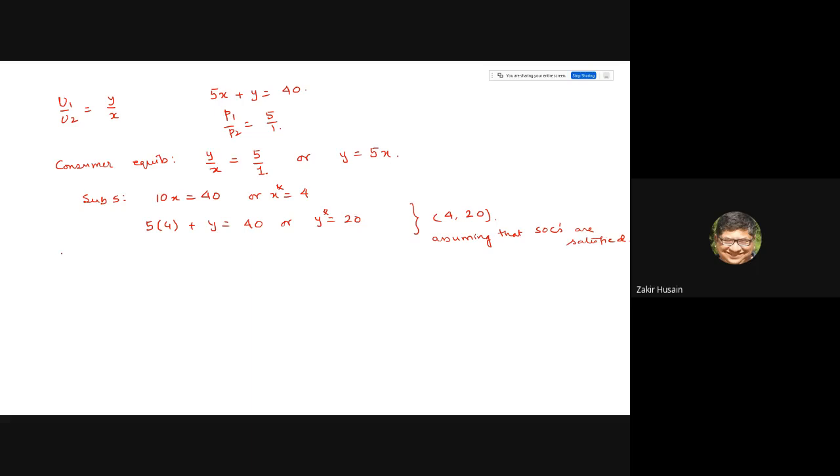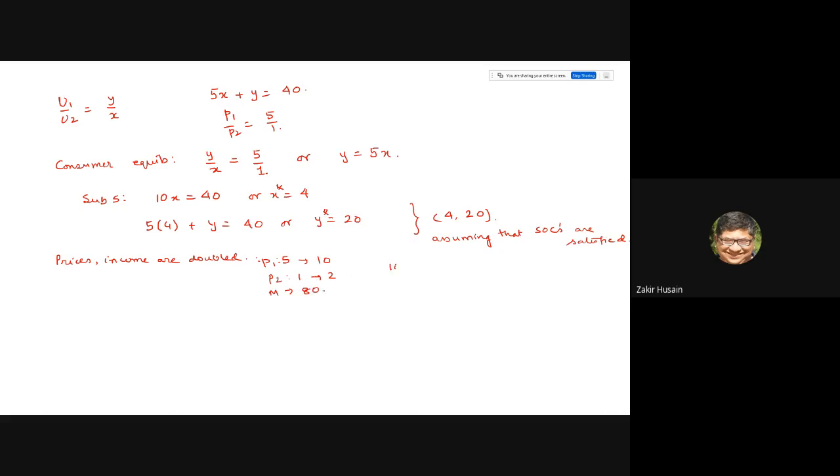আচ্ছা, এইবারে ধরো আমরা প্রাইস এবং ইনকাম দুটোই ডাবল করলাম, ঠিক আছে? তাহলে P1 হচ্ছে 5টা হয়ে গেল 10, P2 becomes 2 and M becomes 80.